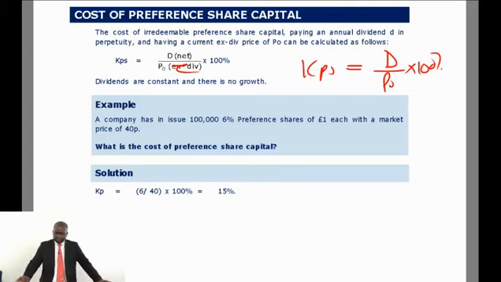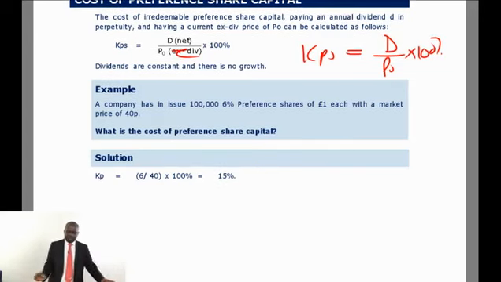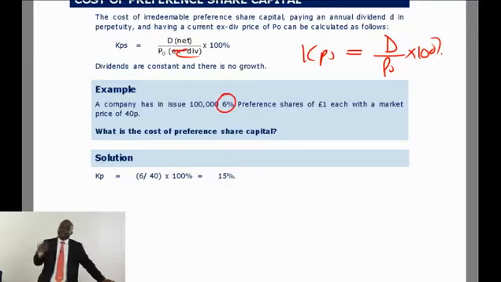A company has in issue 100,000 6% preference shares of £1 each with a market price of 40p. What is the cost of preference share capital? Straightforward. Remember, dividend, interest, when given as a percentage, is applied on nominal values. We don't apply interest or dividend as a percentage on market prices. So here they've given me a market price of 40p. I can't base the 6% on that.